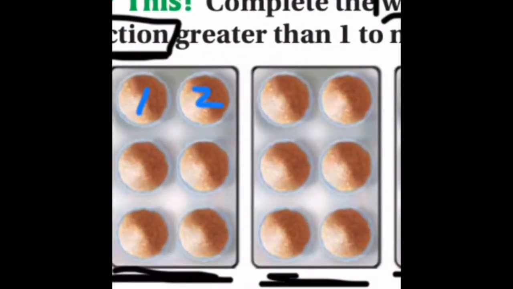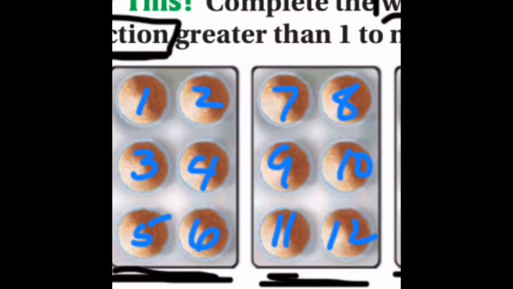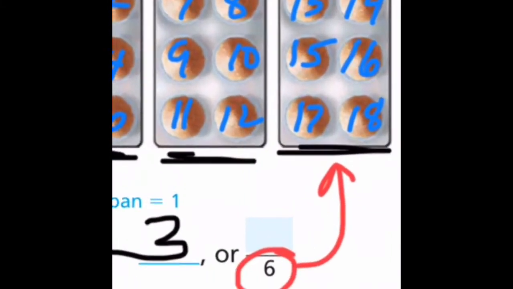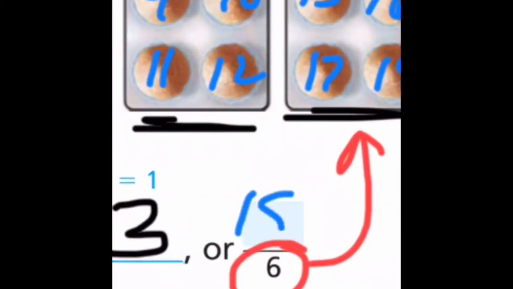So there's 1, 2, 3, 4, 5, 6, 7, 8, 9, 10, 11, 12, 13, 14, 15, 16, 17, 18. We have a total of 18 awful looking muffins. So 18 is my numerator. Again, that's the total number of things, right? And then 6 is the denominator because there are 6 in each pan.